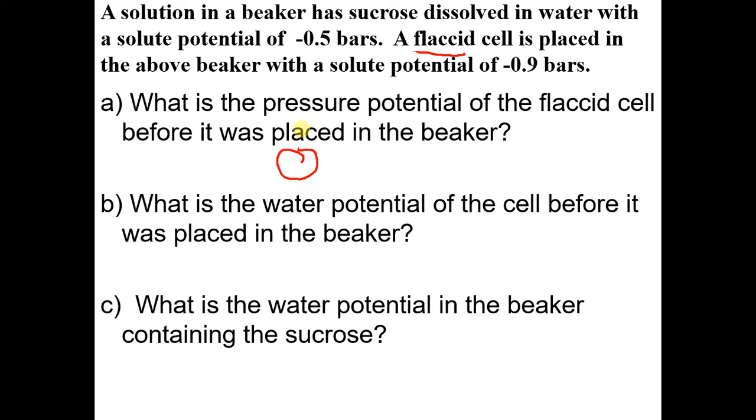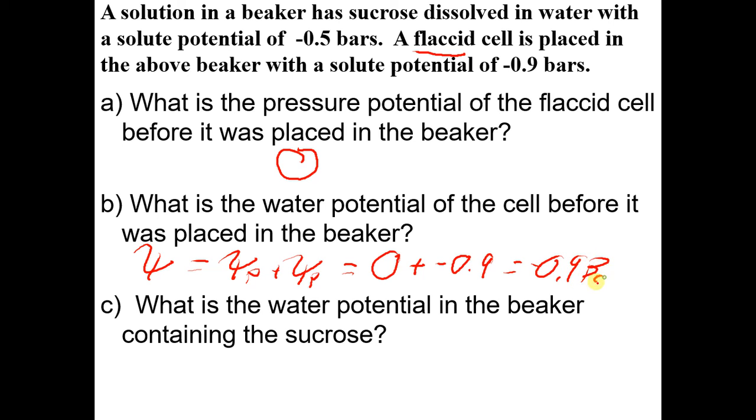So what is the water potential? Remember, the water potential equals the pressure potential plus the solute potential. So that equals 0 plus negative 0.9 equals negative 0.9 bars. What is the water potential in the beaker containing the sucrose solution?